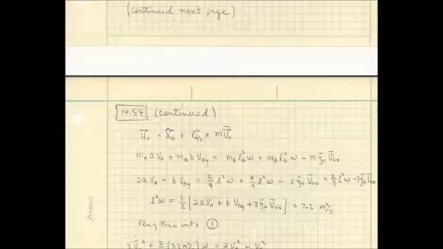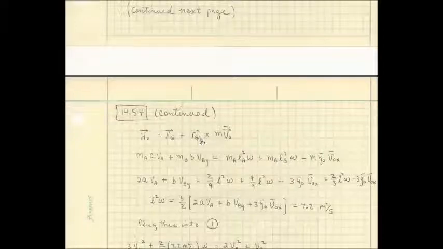For the angular momentum H sub G here, the RA is going to be LA, and the VA is going to be LA omega. So you end up with MA LA squared omega, and the same thing for B, and both of those are counterclockwise, and that's why positive numbers are placed here.